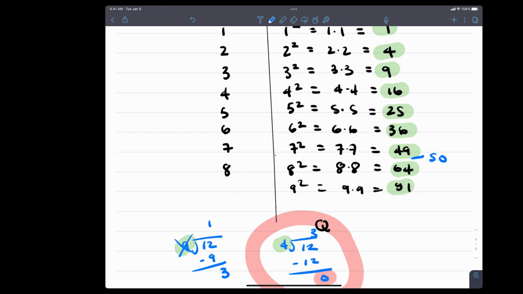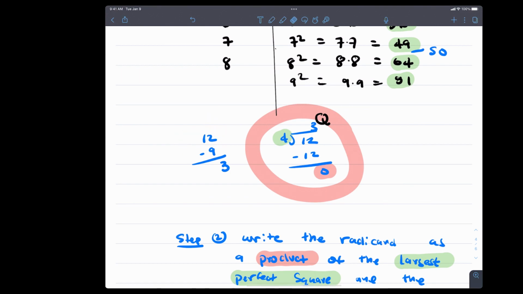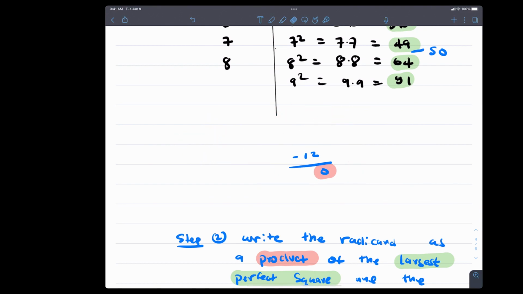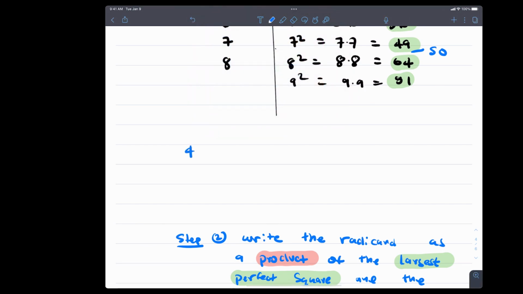So what's the first perfect square before 50? Go backwards that way. Don't go forward. 49, right? Good. So you're going to try 49. That's going to go into 50 how many times? 1 times 49. What's the remainder? So that's not it.